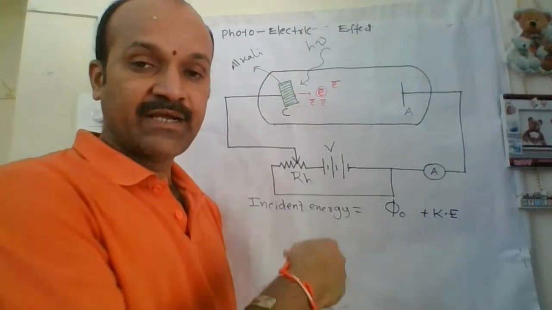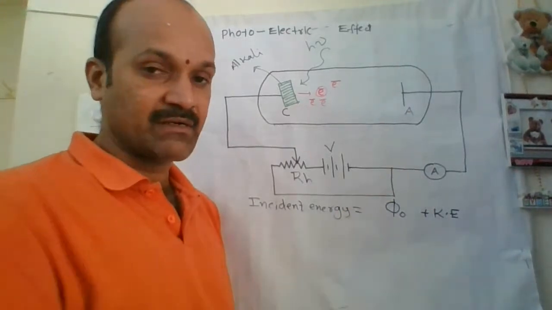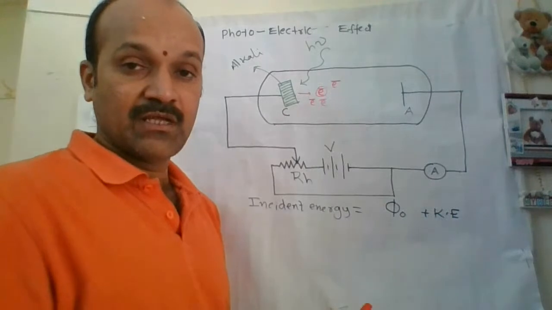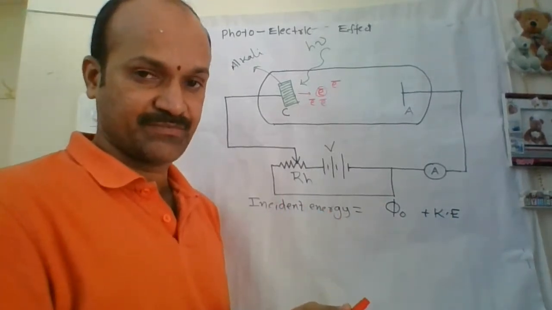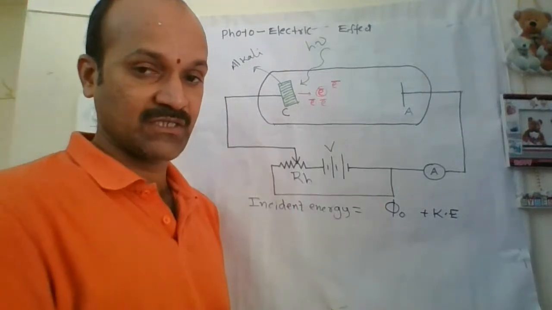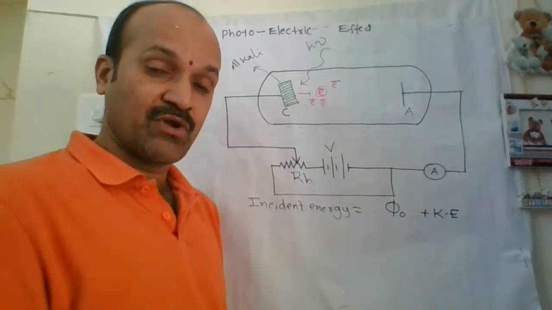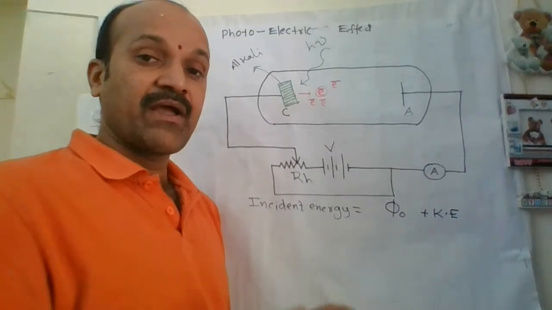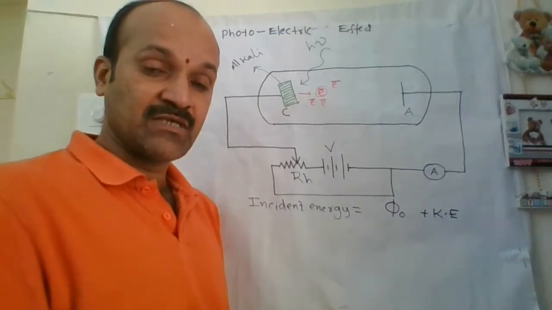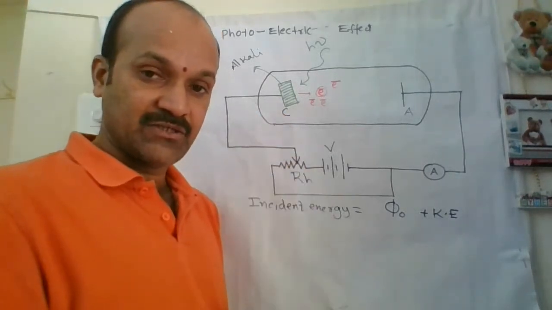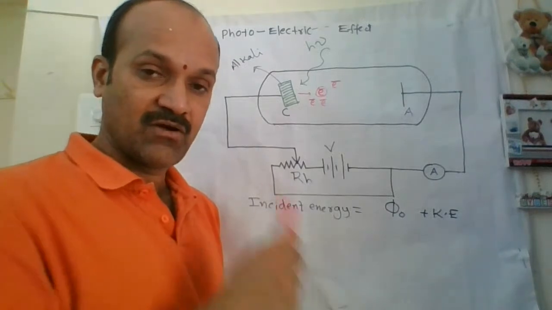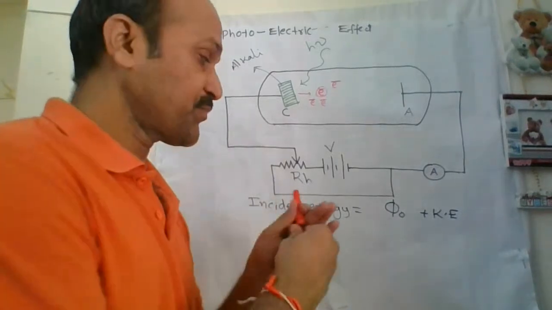This is according to the law of conservation of energy. We can write like this. If there is no loss, and it is an elastic collision, the photon collides with the electron elastically, the total energy of the photon is absorbed by the electron, which comes out by utilizing some energy, and with the remaining photon energy it moves with velocity v. That is kinetic energy. In that case, the law of conservation of energy is this.